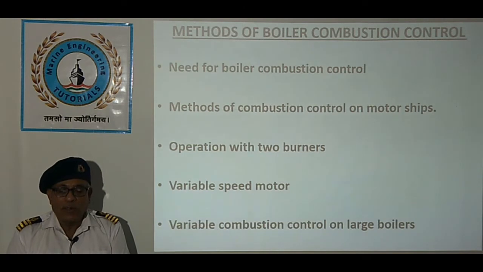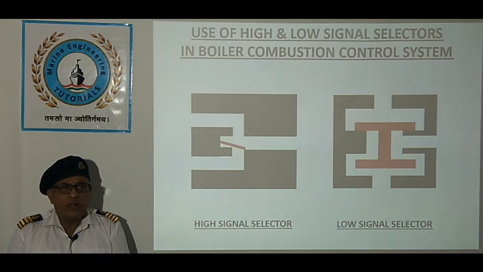For large boilers, the combustion control is discussed below. The sketches graphically represent high and low signal selectors which are used in combustion control system. Optimum performance of combustion control is essential in response to load changes for maintaining stability.